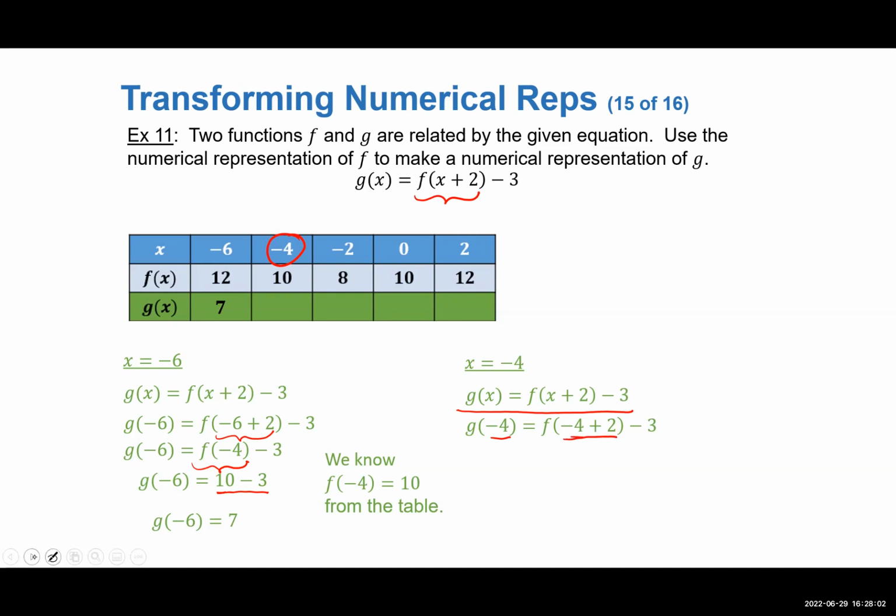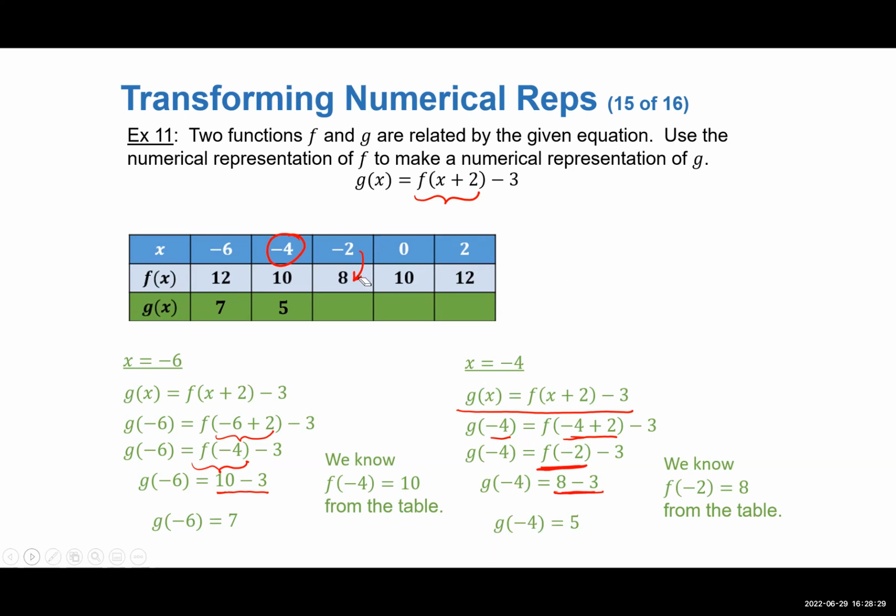Well, that is -2. So we now have the function value of f of -2 minus 3. What is the function value at -2? It's 8. And we got that from the table. And 8 minus 3 gives us our function value of g of -4, which is now 5. So we see that as 5.